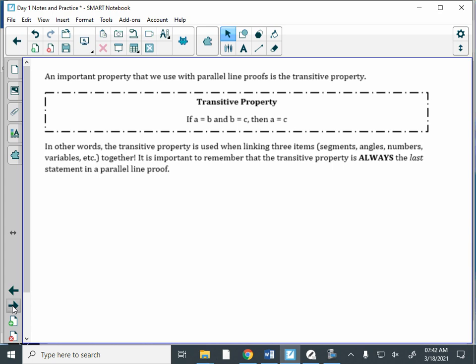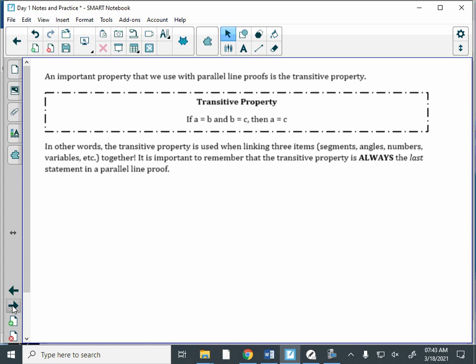What you're trying to prove is your last statement, and the last reason is always the transitive property. Every single time. Because that's what we're doing with parallel line proofs. We're linking three things together. You're going to be given two angles. You have to link one of them to a third angle, and then that connects the last angle. So when we do a parallel line proof, we're just linking three things together.